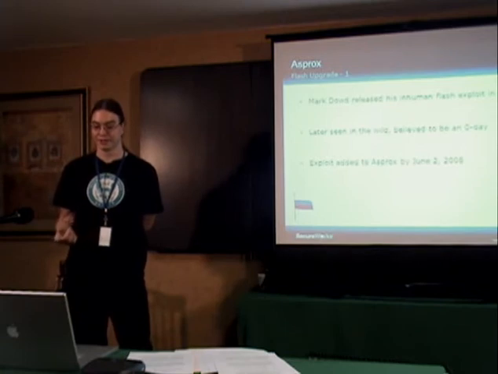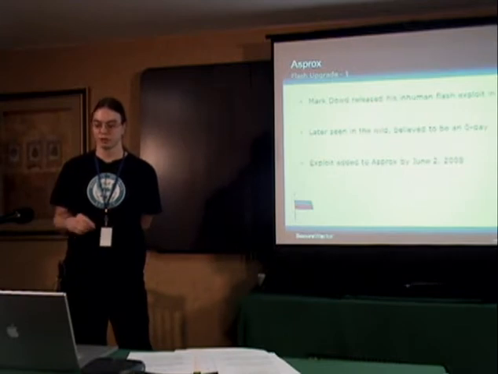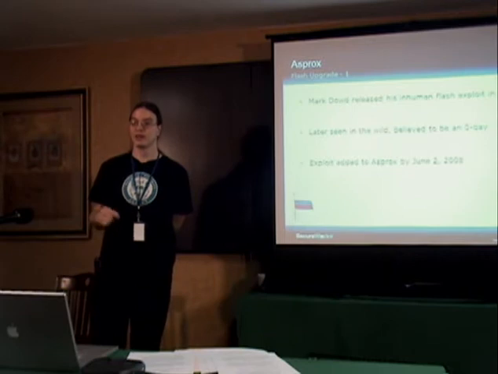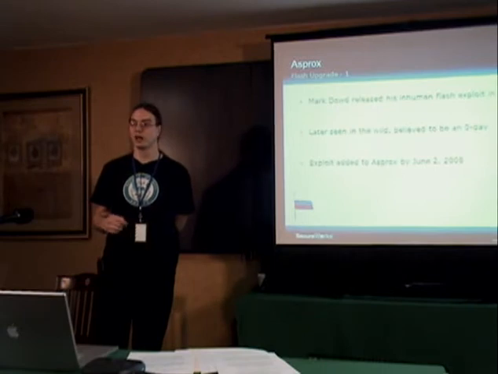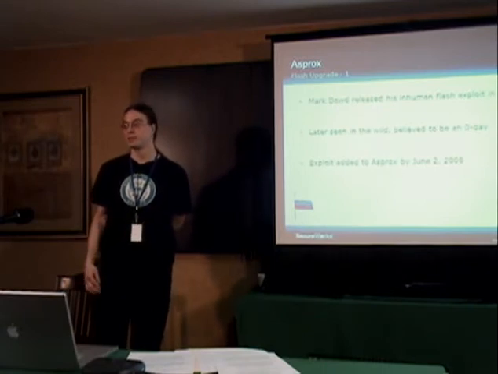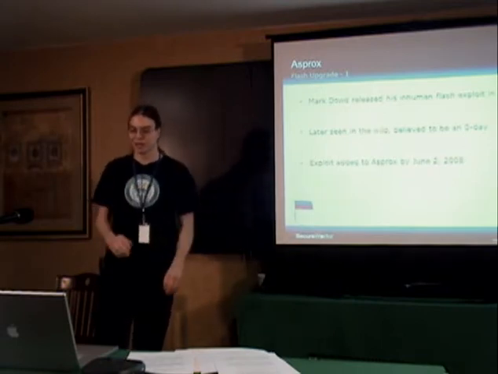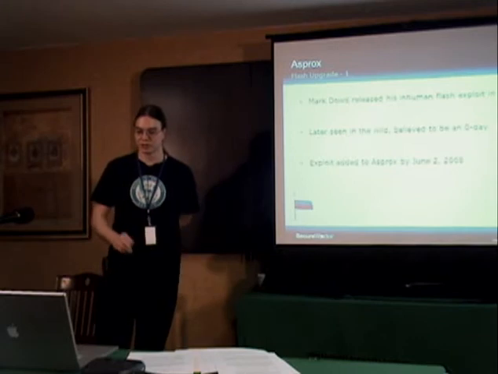But he released it in late May, and it was in June, a little bit later, that these guys added this to Asprox. When this exploit was first being seen, I think it was actually the Chinese doing it first. It was believed to be a 0-day because no one had seen something like this before. Then later people realized, oh no, that's the crazy stuff Mark Dowd was doing.